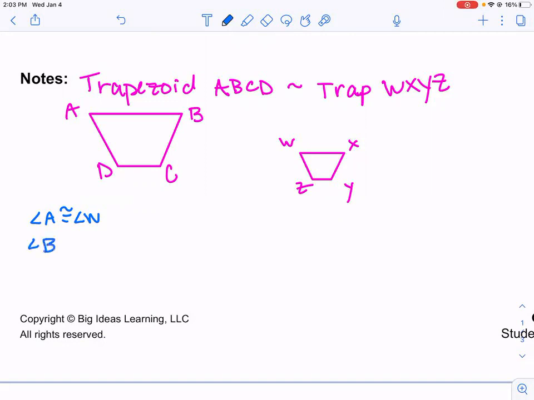Angle B corresponds with X, so those two angles are congruent. Okay. Angles C and Y are congruent, and then D and Z are congruent. Just like with congruent figures, similar figures are also going to have corresponding angles congruent.